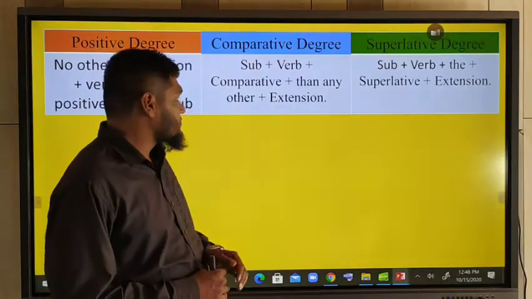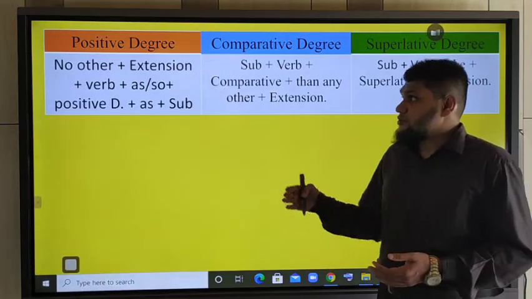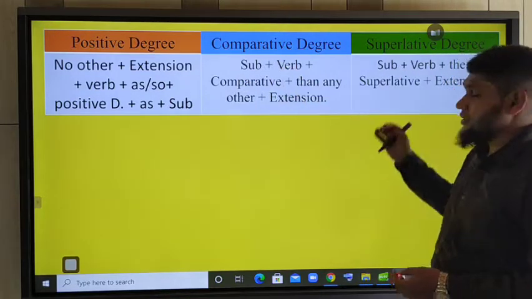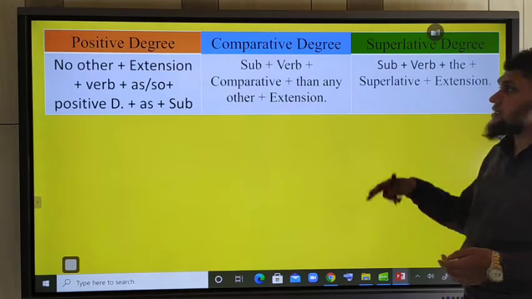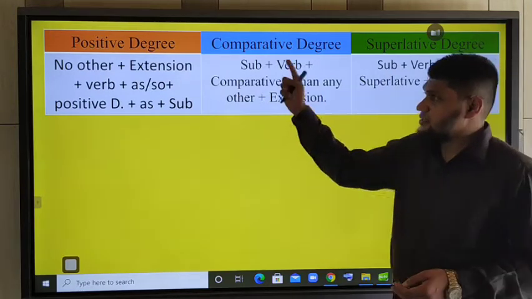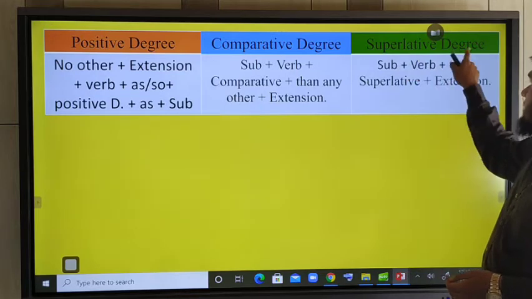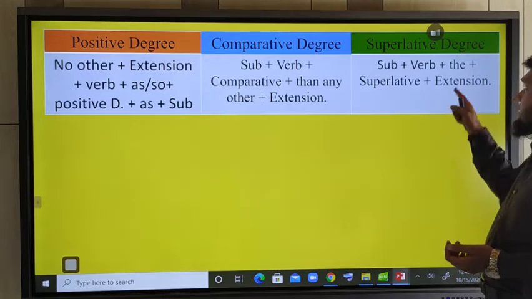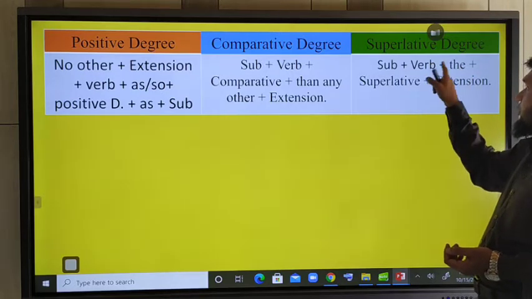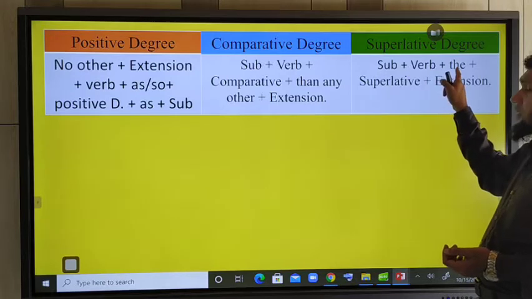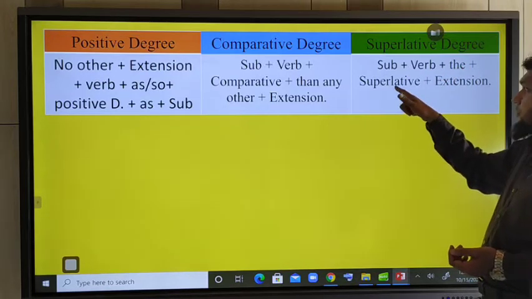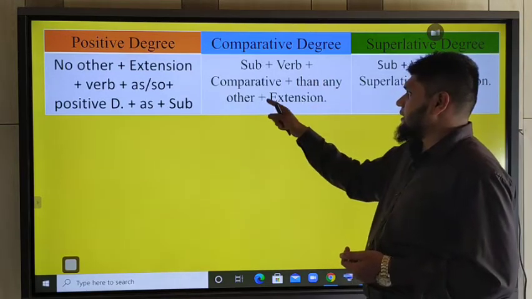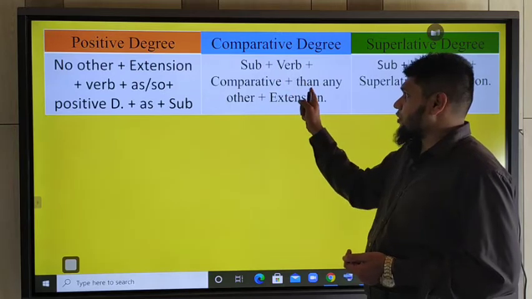So the first rule, this is the first rule. Please, you should follow the board, follow the chart. Positive degree, comparative degree and superlative degree. So at first we should try to understand superlative degree, then we will come to comparative degree and then positive degree. Before superlative degree there should be the or one of the. If there is the before the superlative, after subject and verb, you should use then any other in comparative degree after the comparative form of the adjective.